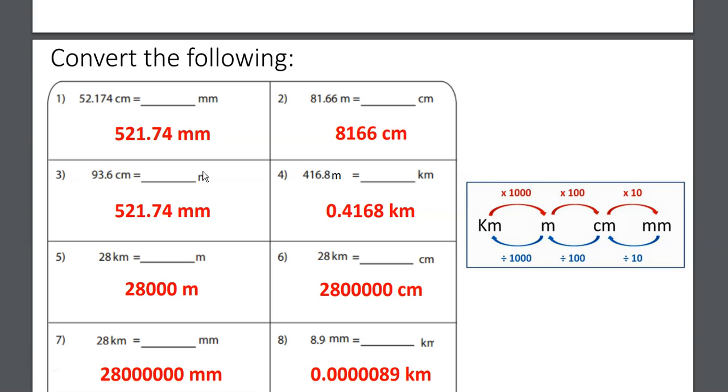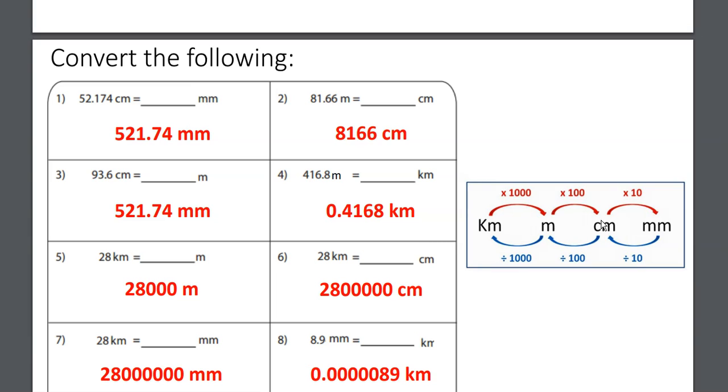So here are some examples. And I barely need to go through them all because I think you understand probably the concept already. I'll go through some of these at least. So here we have been given a certain number of centimeters, 52.174 centimeters, and we have been asked to convert that into millimeters. Okay, so we go to our diagram, and our starting point is centimeters, our finish point is millimeters.